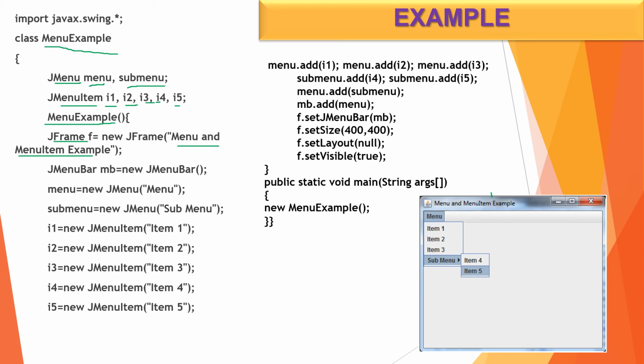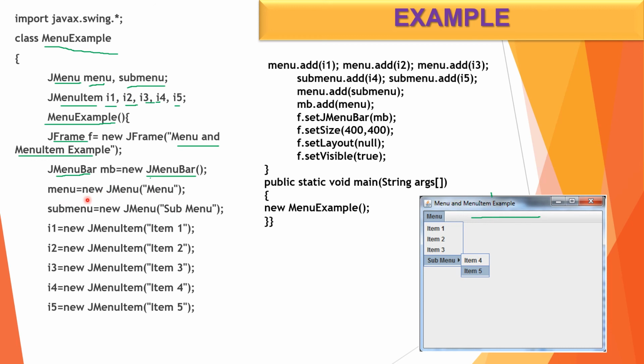Now the JMenuBar is the first object, which will display the Java menu bar. So this is the menu bar, displayed at the right hand side. I have placed my pointer here, and this is shown as the menu bar.